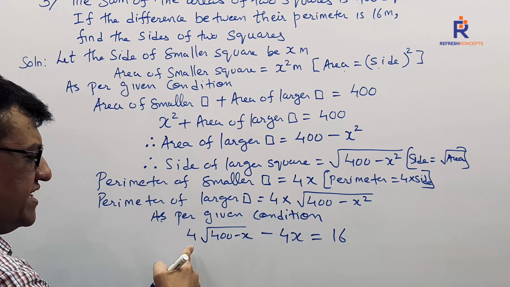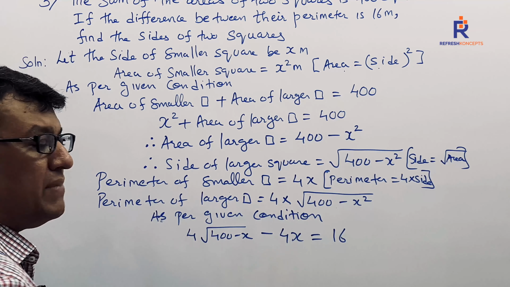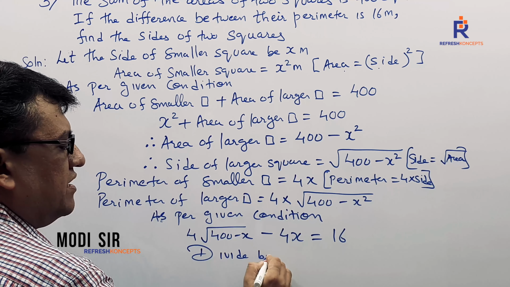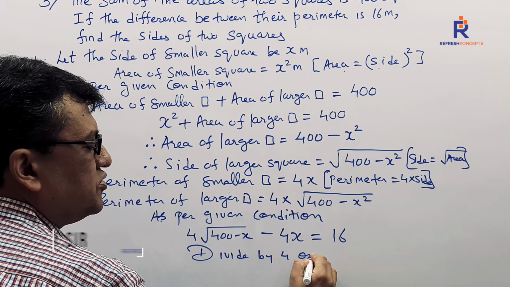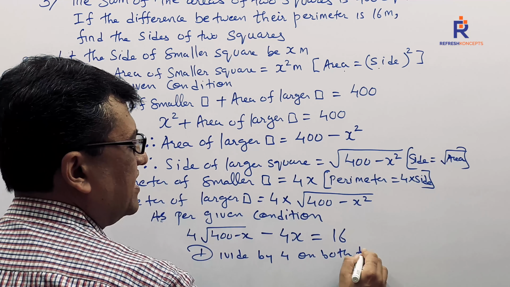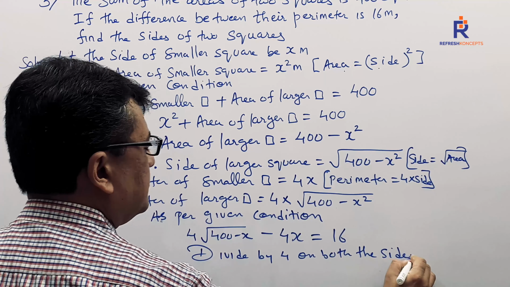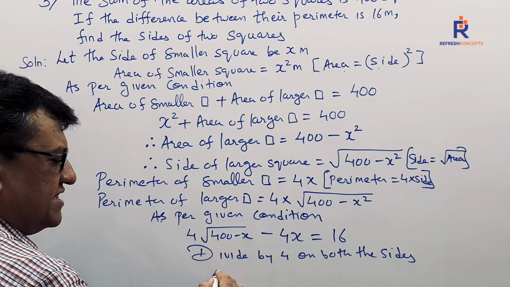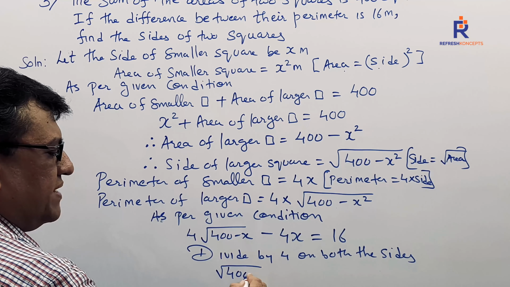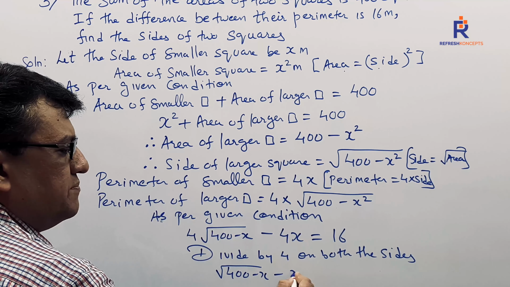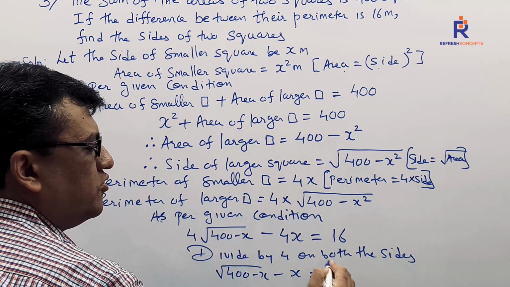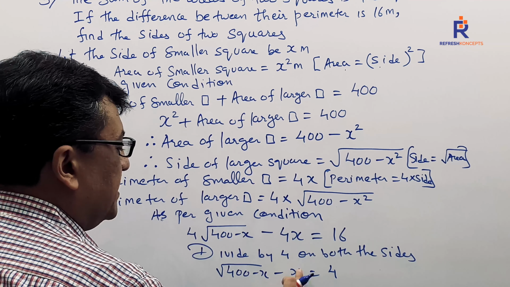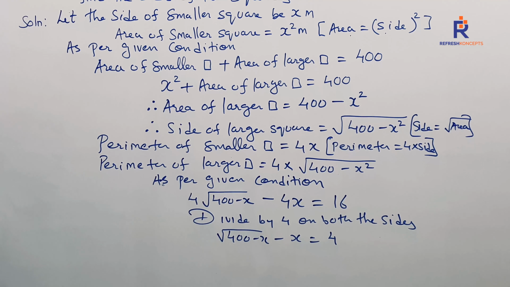Yes, children, I can see all of them are multiple of 4. So can I say divide by 4 on both the sides? Or you can again say use the word throughout. When I divide every single term by 4, this 4 will get cancelled off. I'm left with 400 minus x, here simply x, and here 4. Bring this minus x over there.